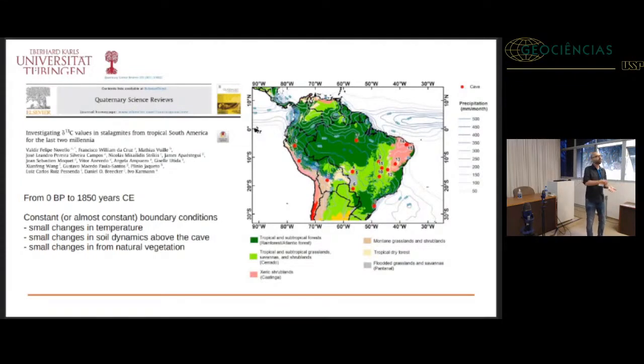There's not enough time for a significant change in vegetation. So a lot of things affecting your δ13C were constant. What was changing in the climate conditions during 2,000 years was pretty much the amount of precipitation, the hydrologic conditions. Since temperature was constant and the amount of soil above the cave was probably constant, we don't expect strong additional effects on δ13C.